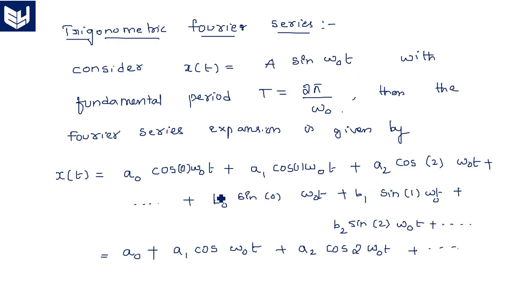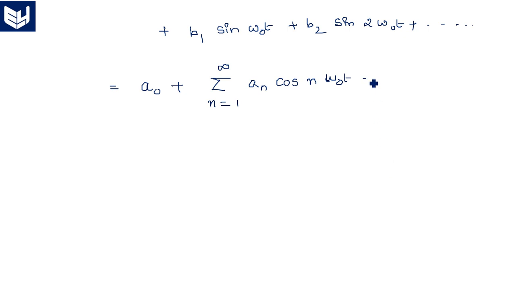If you substitute n equal to 1, a1 cos 1 omega naught t, a2 cos 2 omega naught t, and so on. Similarly, the second component is bn sine n omega naught t. This is in summation form. So this is your given signal x of t written in terms of the trigonometric Fourier expansion.